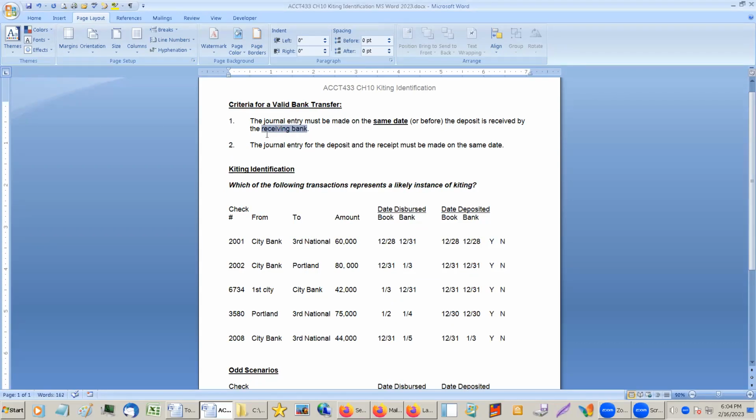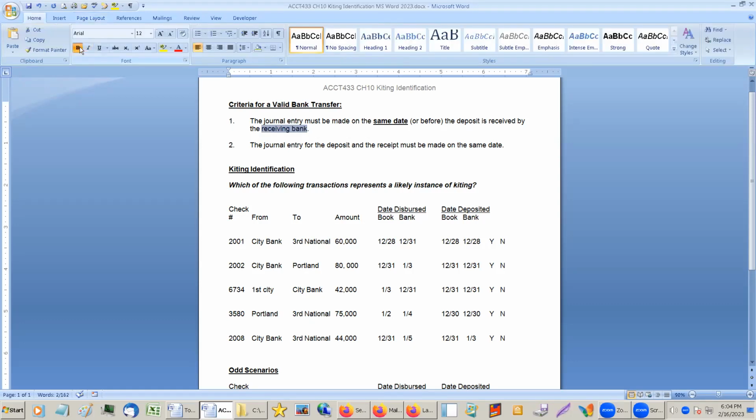All right, so the same day by the receiving date. So the journal entry must be on the same date or before, and received by the receiving bank.